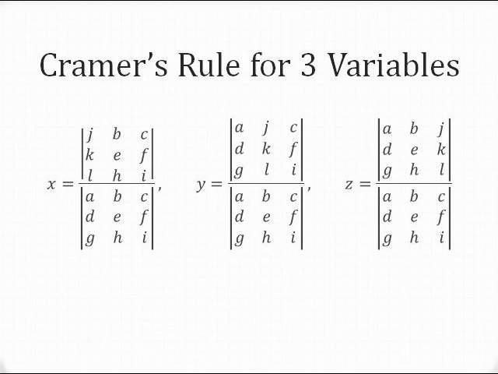And again, for that x determinant, you're going to replace the x column with the solutions from the one side, the y column in the middle one with the JKL solutions, and then for the z column, it would be that third column that you're substituting with those solutions at the end. Excuse me, with the equals, with the constants. So, for each one of these, we have a 3 by 3 determinant. Again, you could either do that by diagonals, or you could do that with expansion by minors.